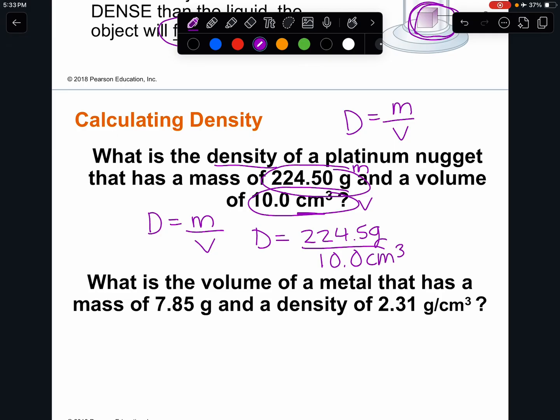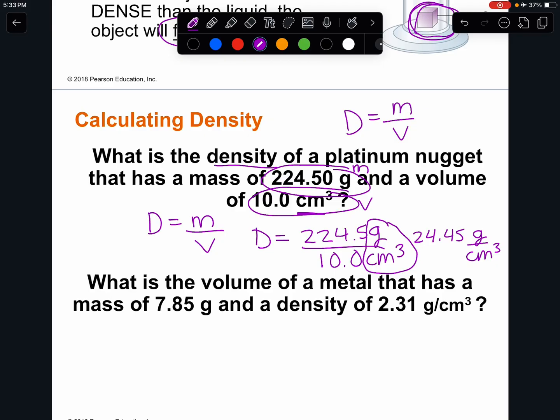And when we go ahead and divide that, check my answer here. When we divide that, we are going to get 24.45. And our unit is actually the division of the units here, grams per centimeter cubed.